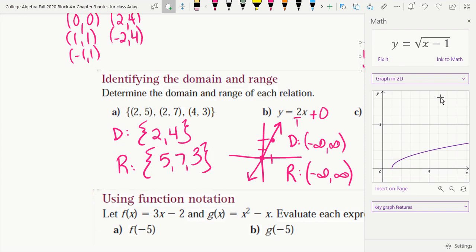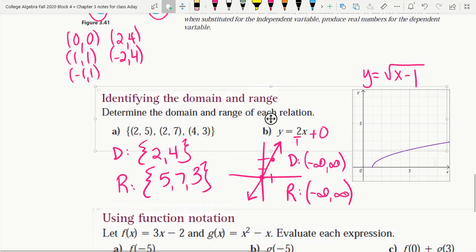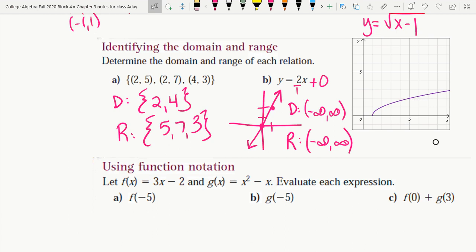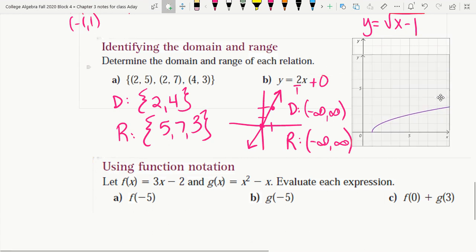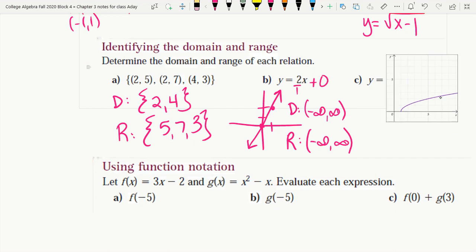So we can see this is my graph. Let me slide this thing down just so we can see the original, and shrink it up. There we go.